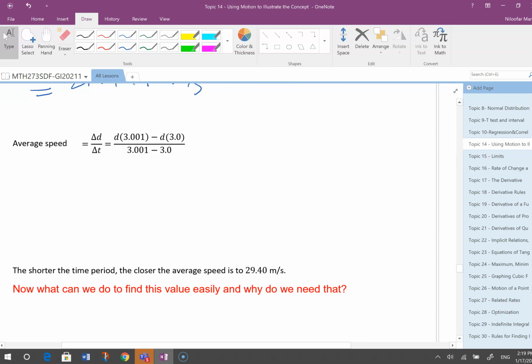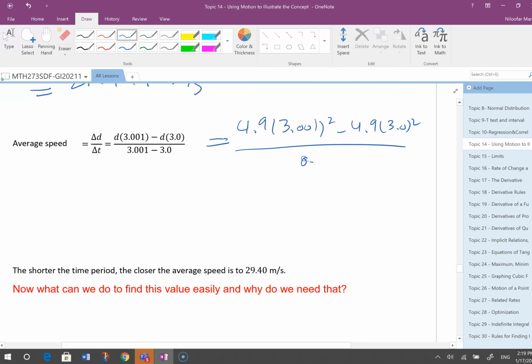I would say, okay, what can I do? I go closer. I tell you, okay, I go closer. I try my best. So it is 4.9 multiplied by 3.0001 squared minus 4.9 multiplied by this squared divided by this.